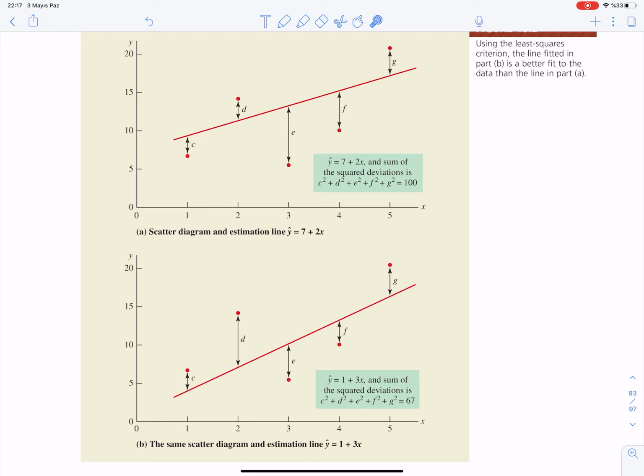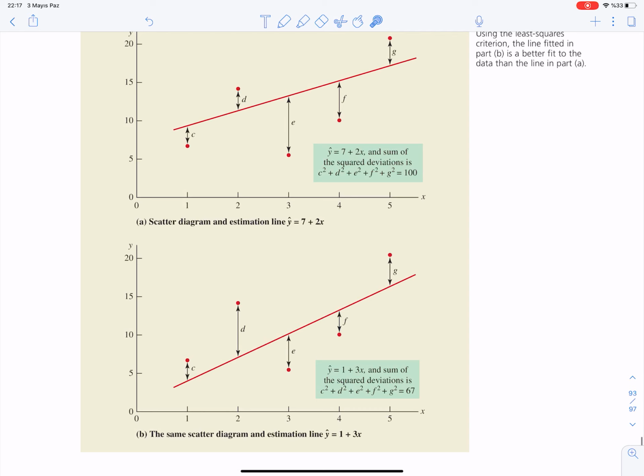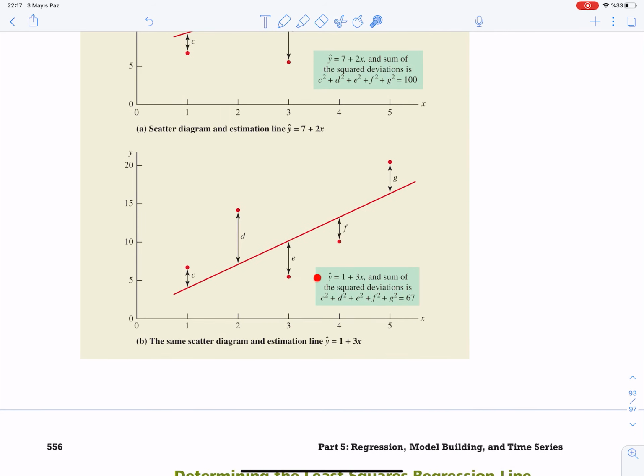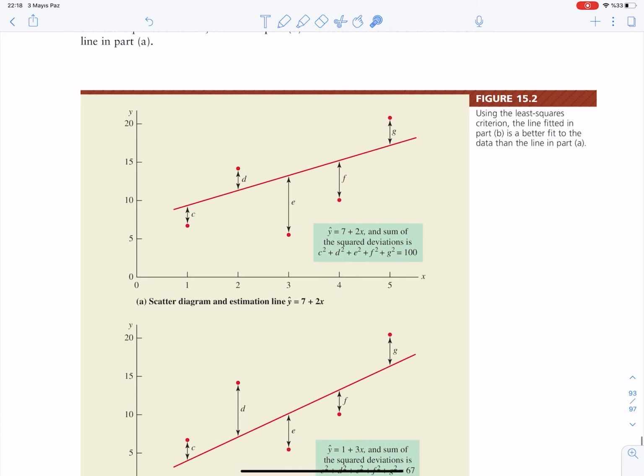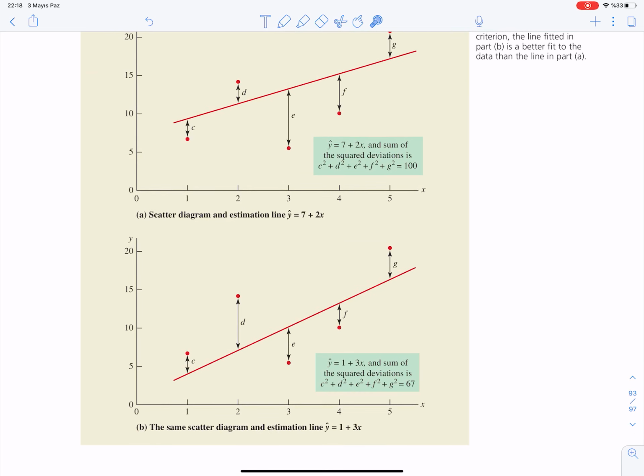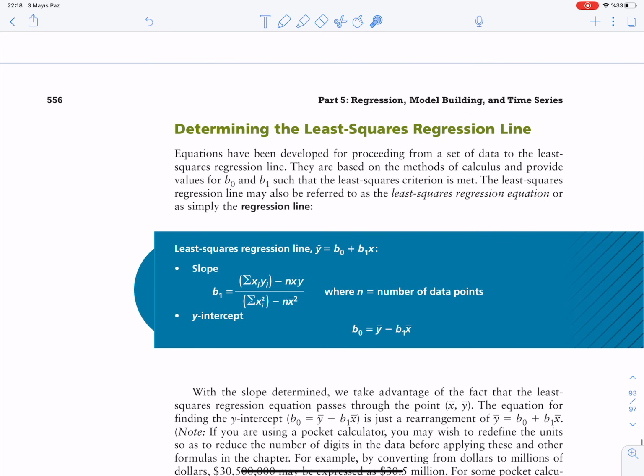You can never get the same square deviation for different simple linear regression models; it should be a unique one. It doesn't mean this one is the best fit, but this is better than that one. That's what I can tell. If I have the data set and I use ordinary least squares, I will get the best fit. This is not guaranteed otherwise.